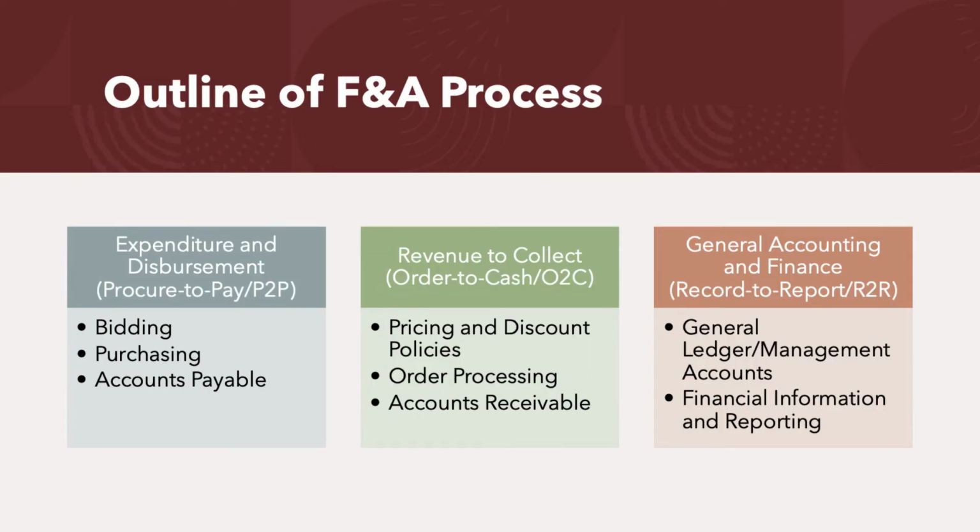So, before I proceed with the first business process, I would like to outline the finance and accounting process para at least you have an overview. So, dito, inayos ko siya. Okay? So, kasi ang nasa libro, inuna natin tong R2R, tapos I think order to cash and then procure to pay. So, binaligtad ko, mas logical ang pagkakasunod dito.